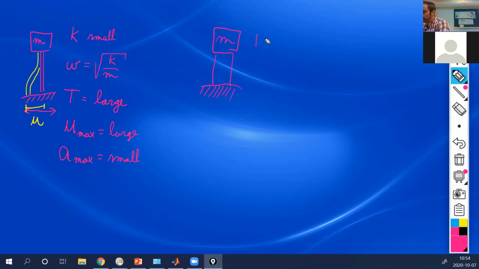Now, K is large, and so omega is also very large, and T, the period of vibration, is very small now, because T is 1 divided by omega, okay?